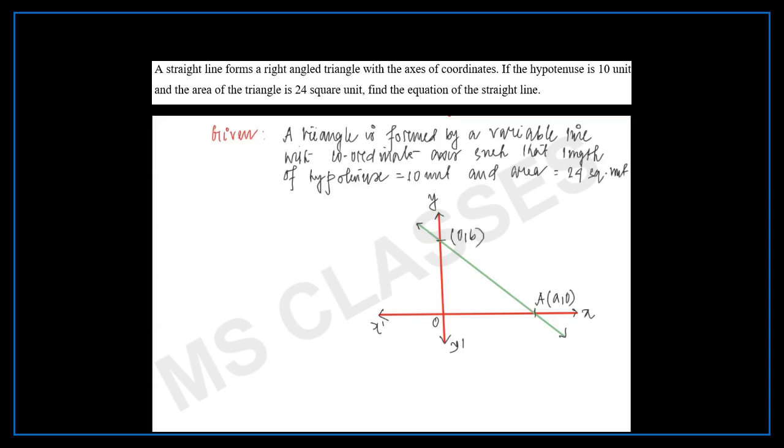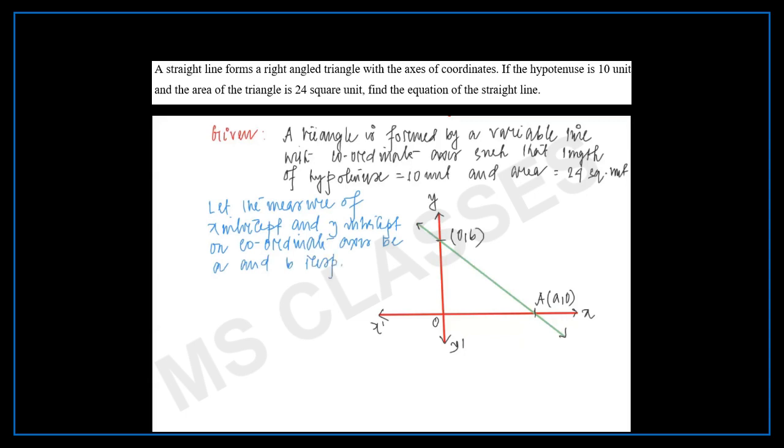So we mention here that let the measure of x-intercept and y-intercept on coordinate axis be A and B respectively.